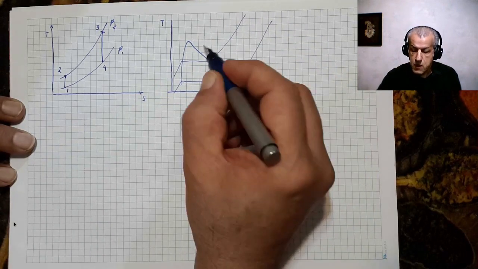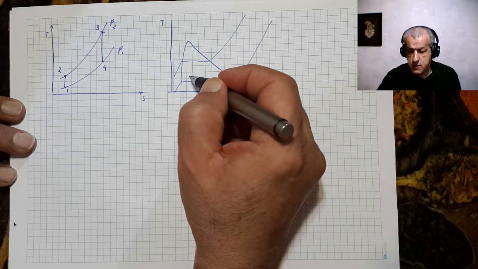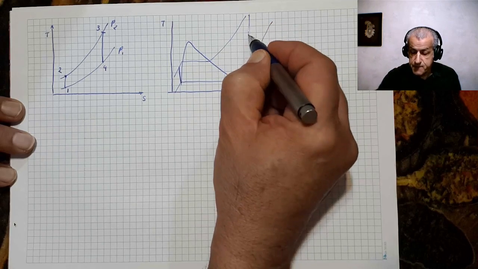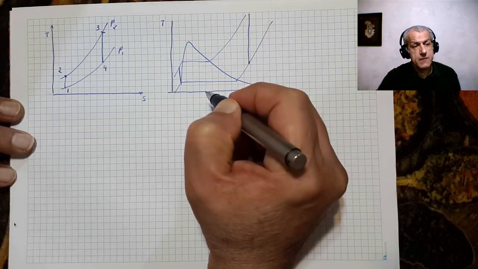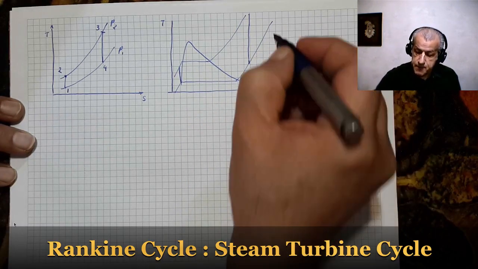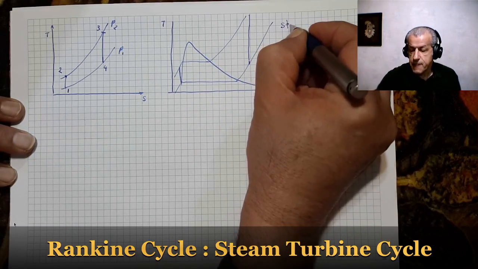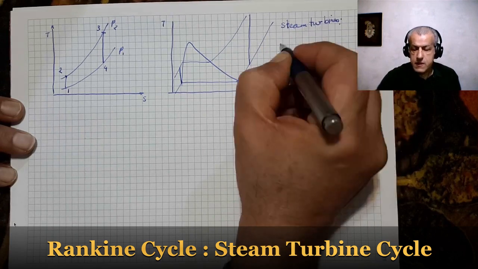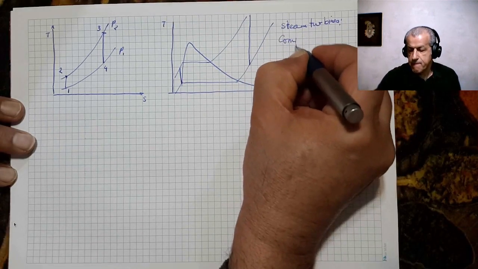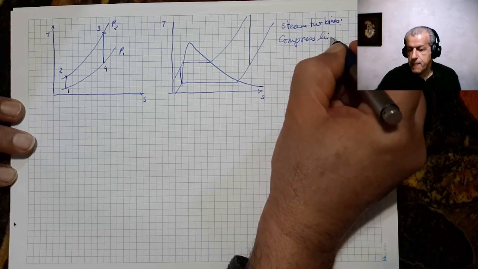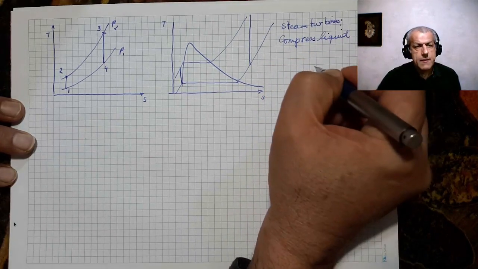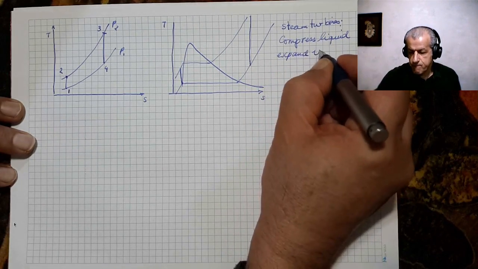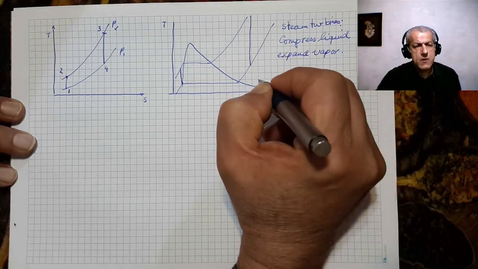But what the steam turbines do, they compress liquid and then expand vapor. What's the benefit of it?